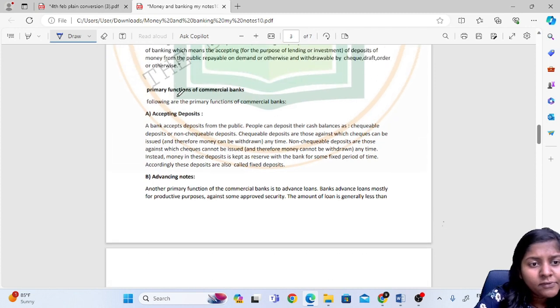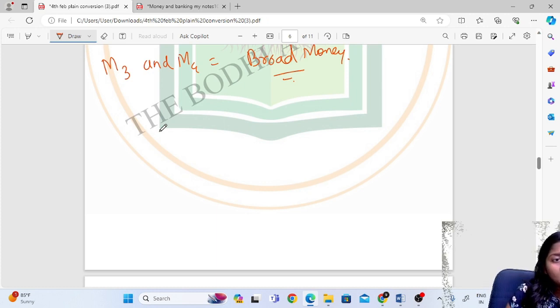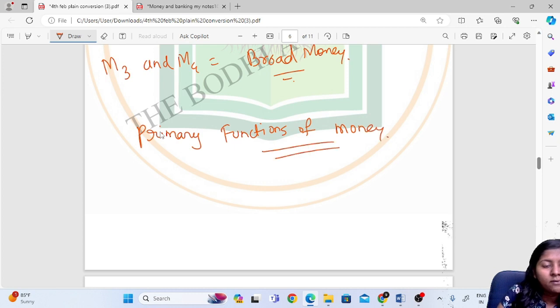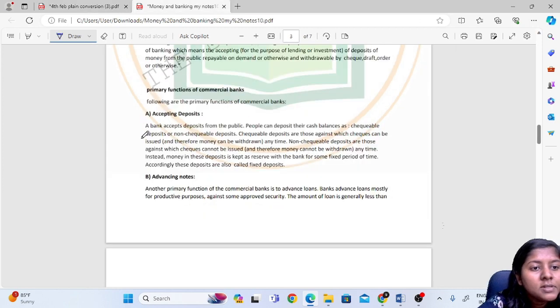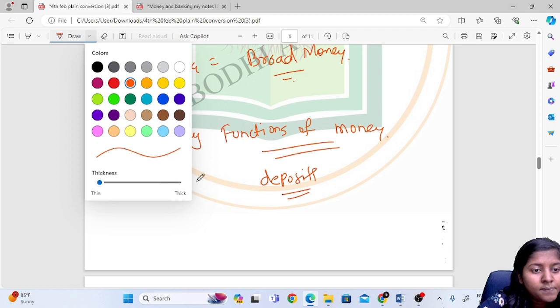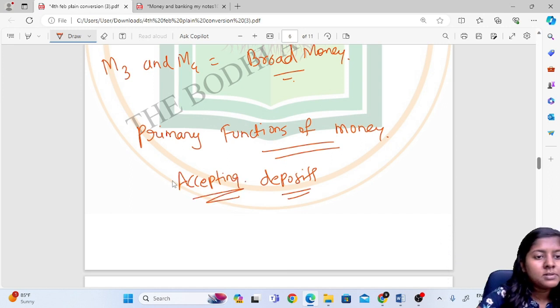Here we also have to understand the primary functions of a bank. The primary function is that it accepts deposits and lends money to the people. Accepting deposits is the first one.